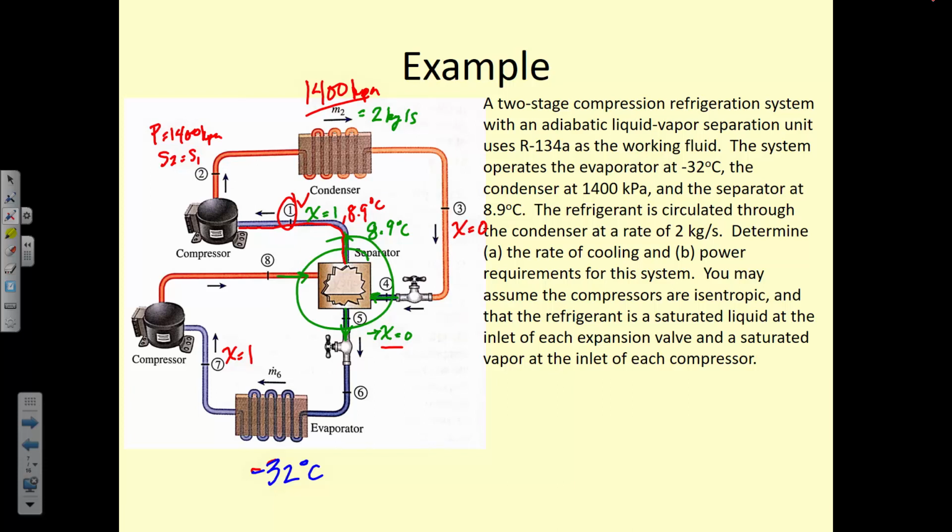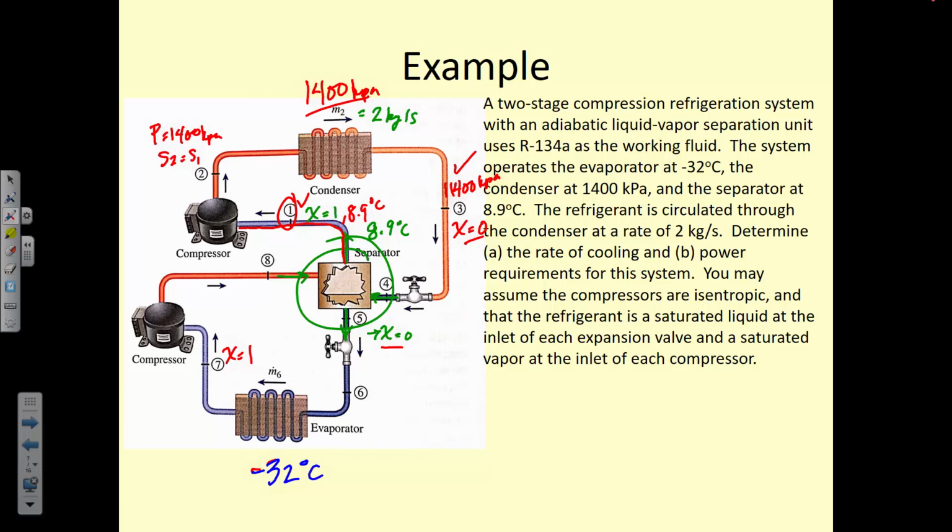Okay, what do we know about state 3? Pressure. We know the pressure is 1400 kilopascals still. And X equals 0, so state 3 is specified. State 4, what do we know about state 4? Nothing. We do know something.